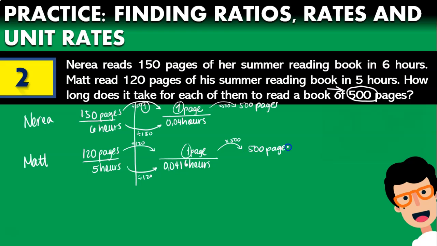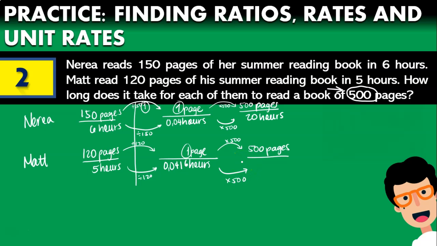But you cannot forget that once you multiply the numerator, you also have to multiply the denominator as well. So if you multiply or divide, you have to do it to both, the numerator and the denominator. So in the case of 0.04 hours times 500 is going to be 20 hours.